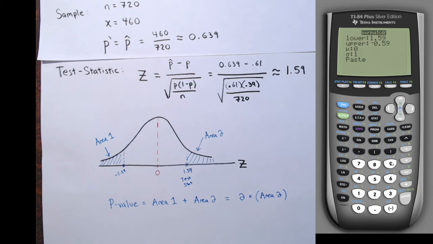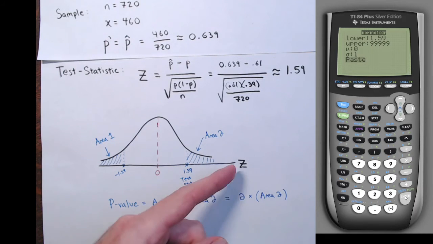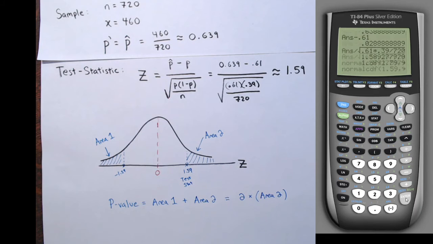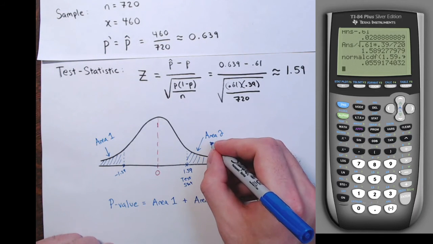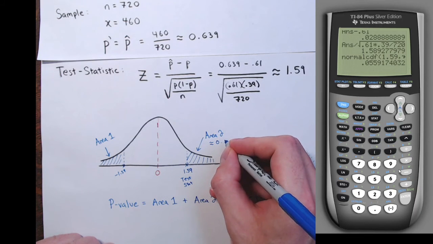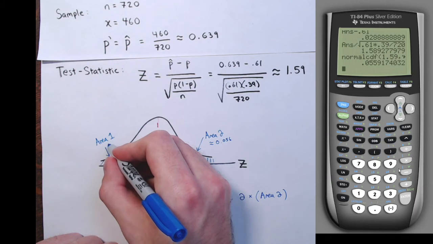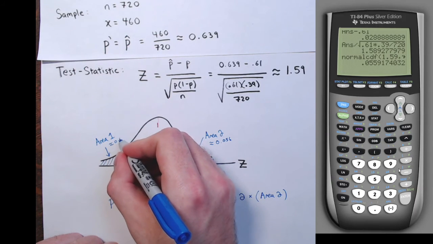There is no upper value, so I'm just going to put in some large positive number like 5 nines there. Mean 0, standard deviation 1, because it's the standard normal, the z distribution. And this area is approximately 0.056, and that means this area is also about that.